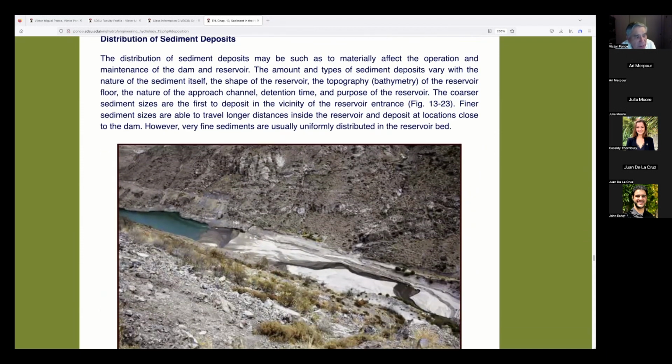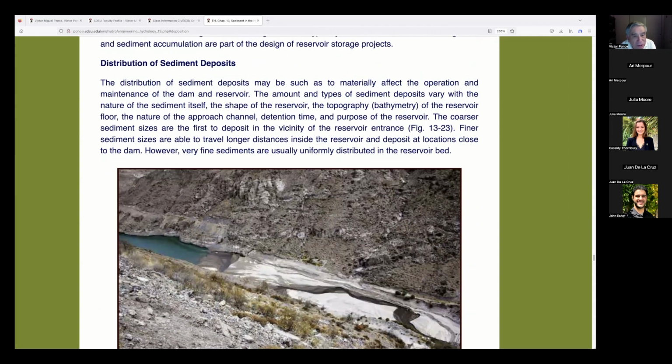Distribution of sediment deposits. The distribution may be such as to materially affect the operation and maintenance of the dam. The amount and types of sediment deposits vary with the nature of the sediment itself, the shape of the reservoir, the topography, or bathymetry. Bathymetry is the topography underwater of the reservoir floor, the nature of the approach channel, detention time, and purpose of the reservoir.